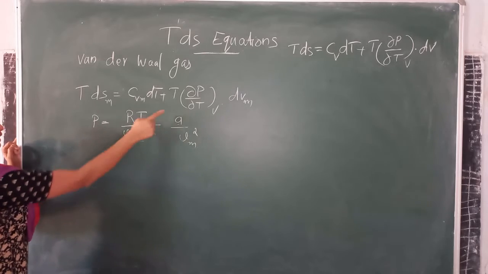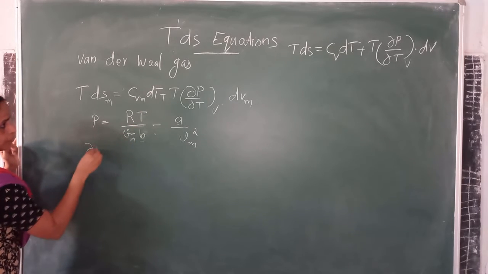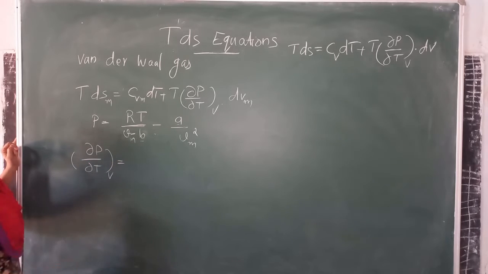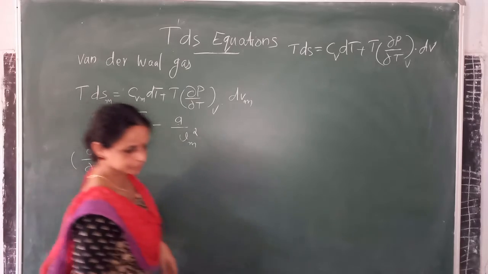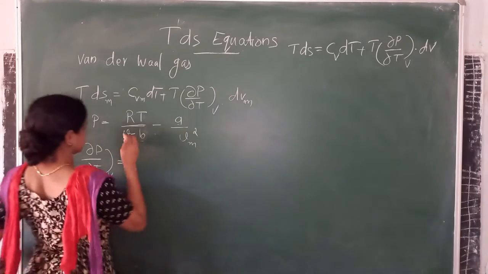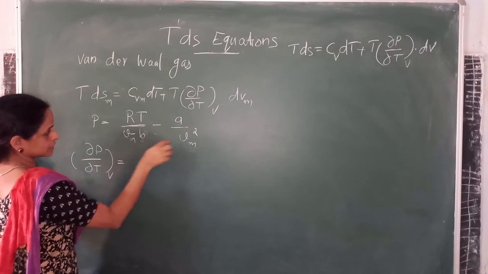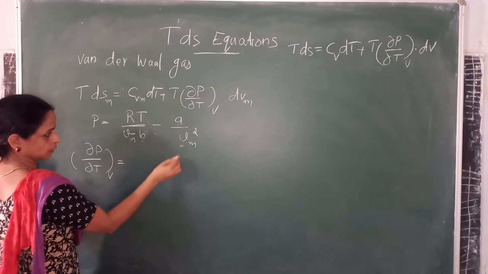So here we take the change, ∂P/∂T at V. What is ∂P/∂T at constant volume? The a by V squared term is constant at constant volume, so its change goes to 0.